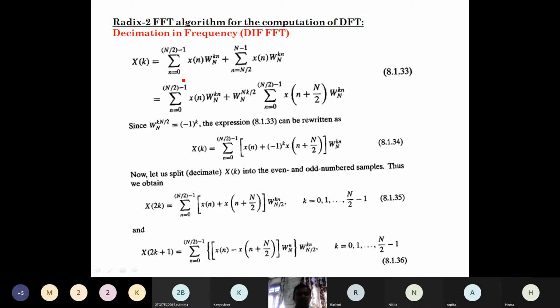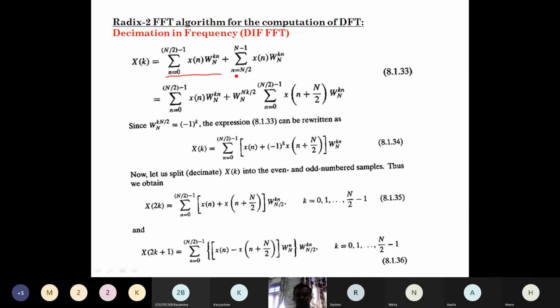The computation of DFT, capital X of k, deals with the first summation for the first half of x of n, from n equals 0 to capital N by 2 minus 1. I am dealing with all elements of the first half, N by 2, plus the remaining half.